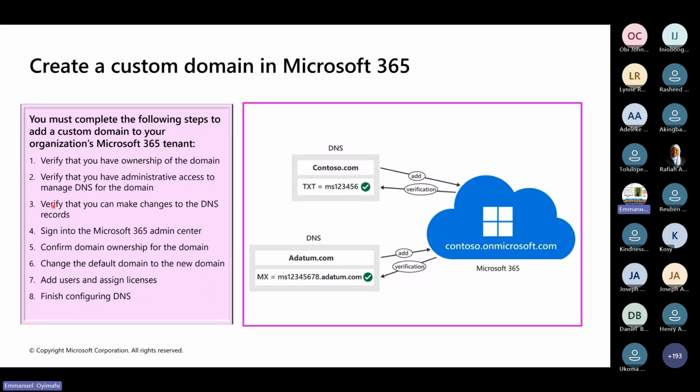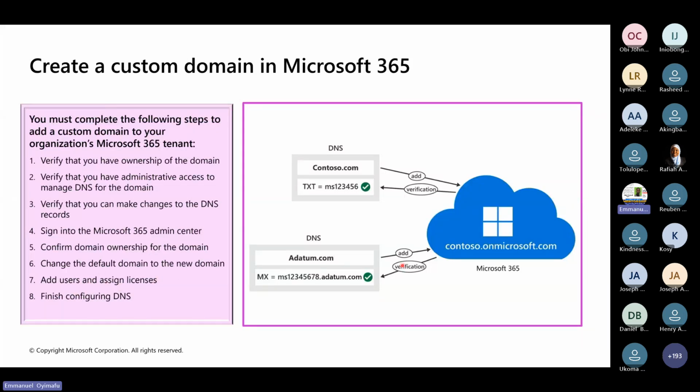Third, you verify that you can make changes to the DNS record. Fourth, you sign into the Microsoft 365 Admin Center after you have verified that you can make DNS changes. Then you confirm domain ownership. After that, you change the default domain to view the new domain. We are going to see how to do all this today.